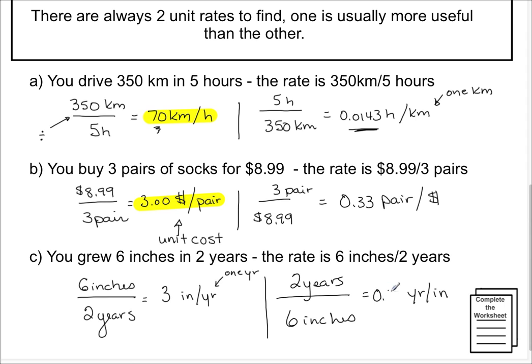So 0.33 years to grow 1 inch. So you grow more than an inch a year, which is what it told us over here. Again, I think this one is more useful: how many inches do we grow in 1 year?